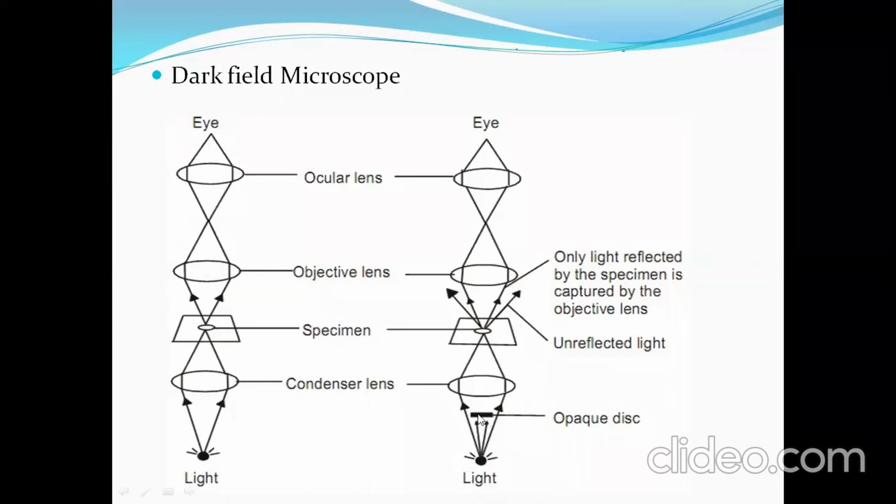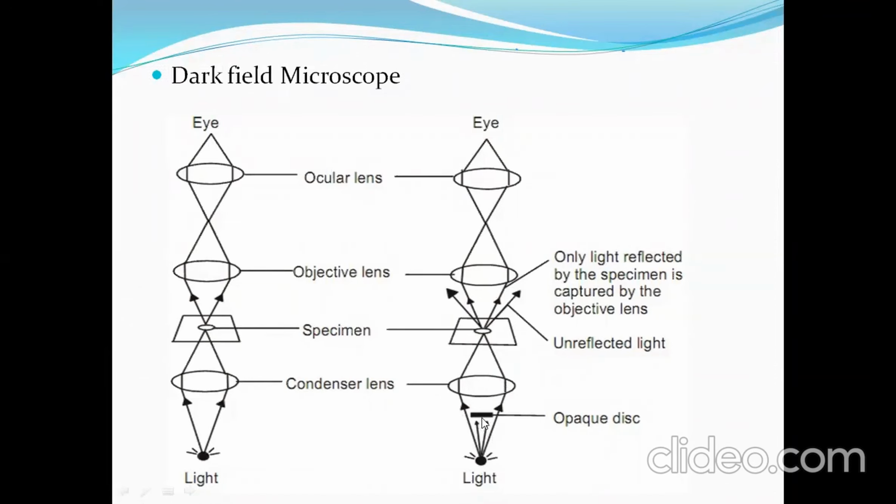What is the function of this opaque disc? It blocks some light rays and creates a hollow cone of light. This is the difference between the bright field and dark field microscope.